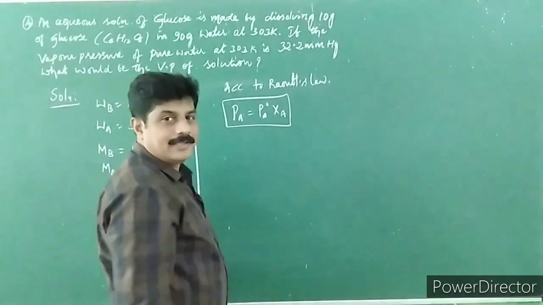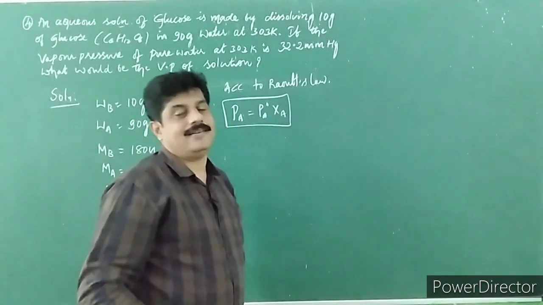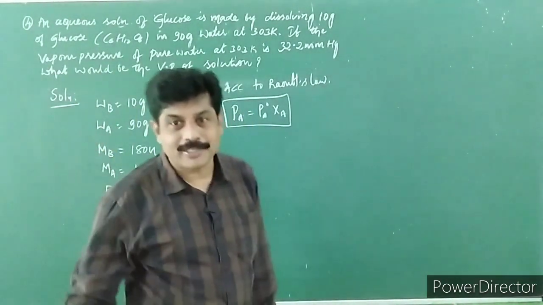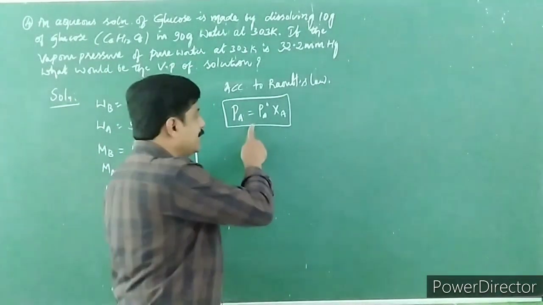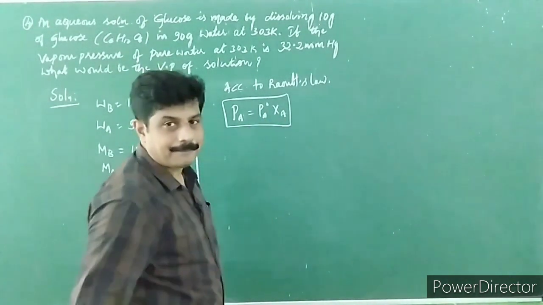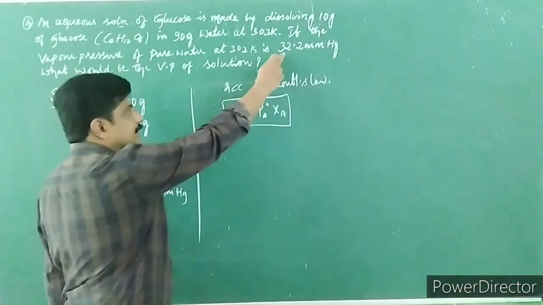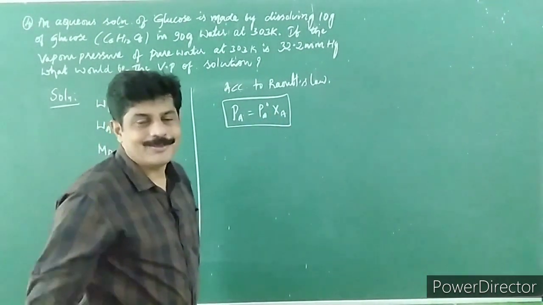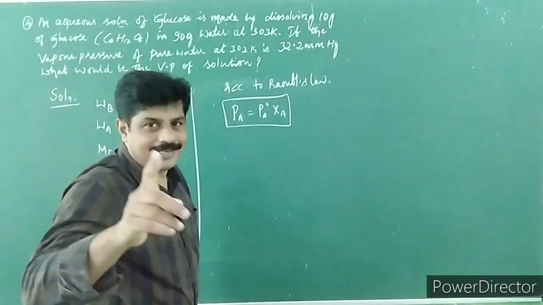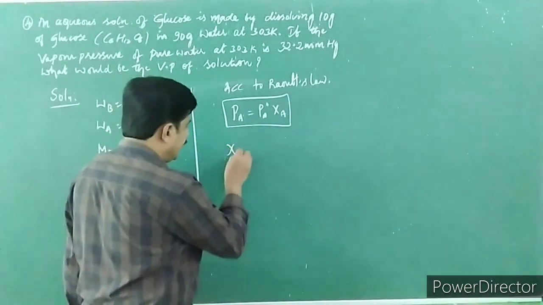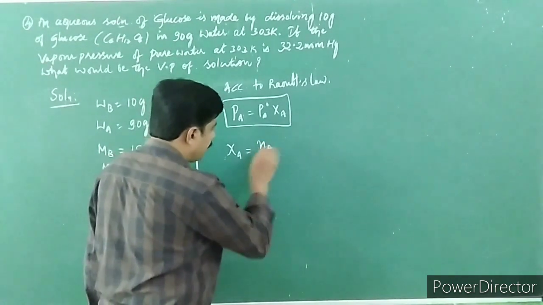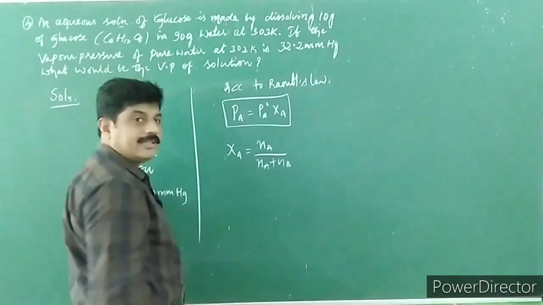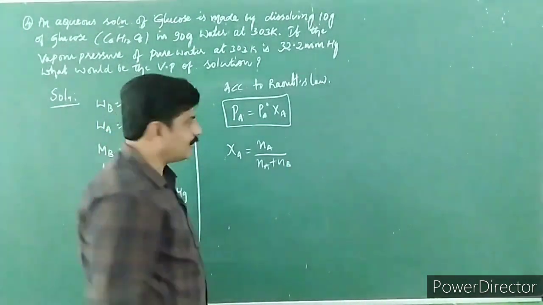Remember, according to Raoult's law, for a solution containing a non-volatile solute in a volatile solvent, PA is equal to PA naught into XA. PA naught, you know that is 32.2 mm mercury, and we need to calculate what? XA. Hope you are getting that. You understand or not? Look at here. XA is equal to nA upon nA plus nB. Now nA we need to calculate, nB need to calculate. Is it not?